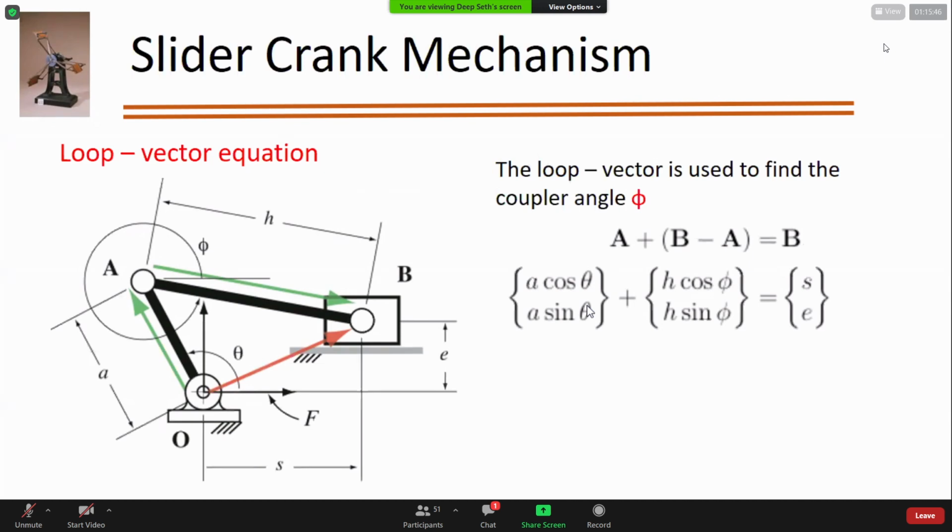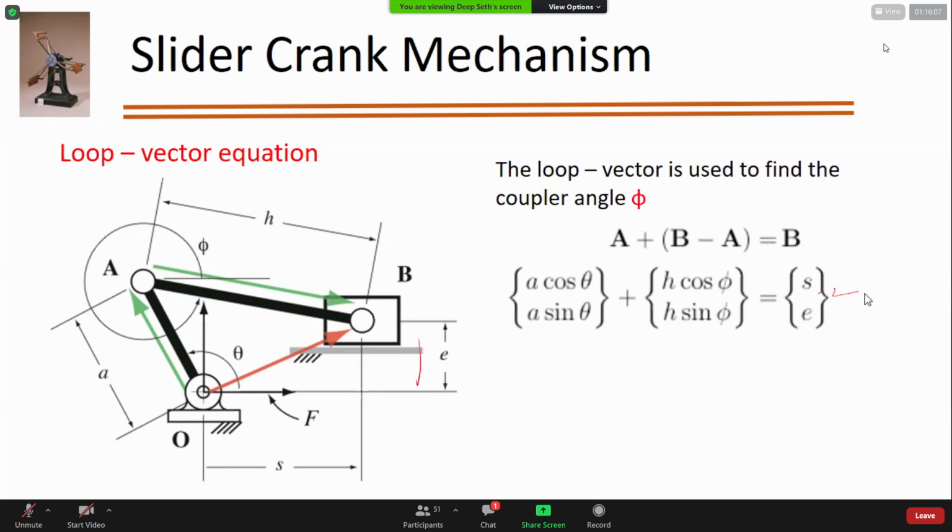A we can write as A cos theta and A sin theta, and B minus A, which is H, we can write as H cos phi, H sin phi. B alone we can write as S. So this X distance is S and Y is E, right?